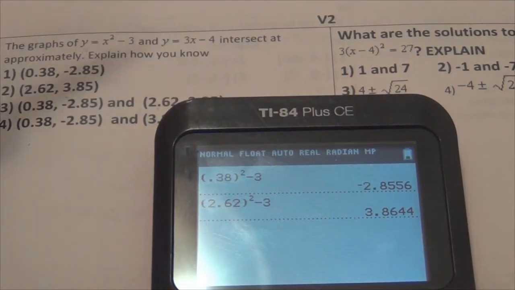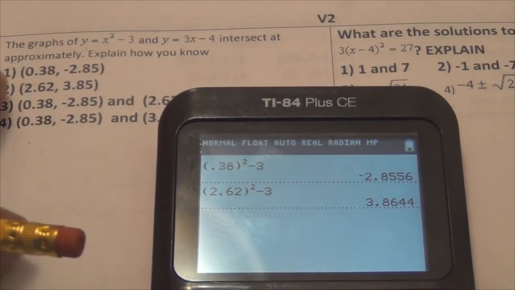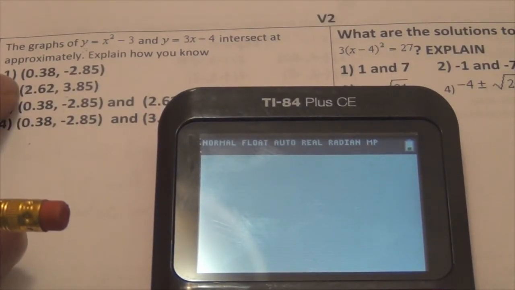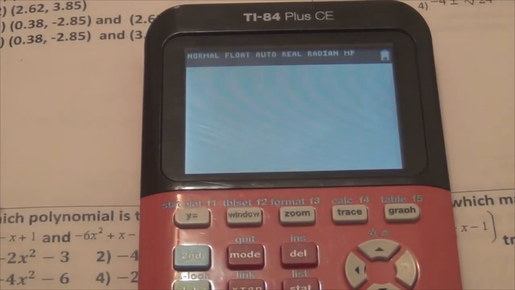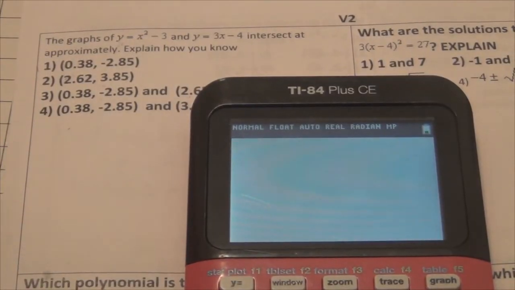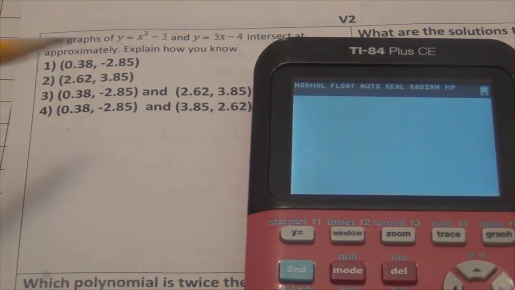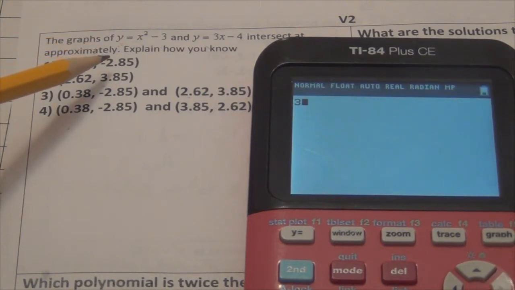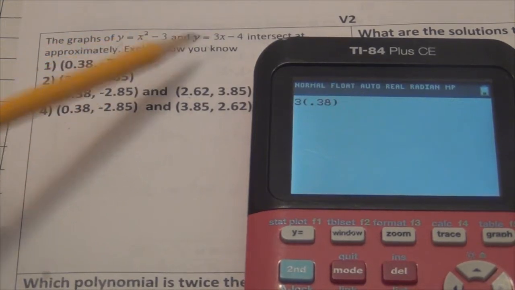let me try them on the other equation, 3x minus 4. So let's try the first choice. 3 times x, which is 0.38, minus 4.